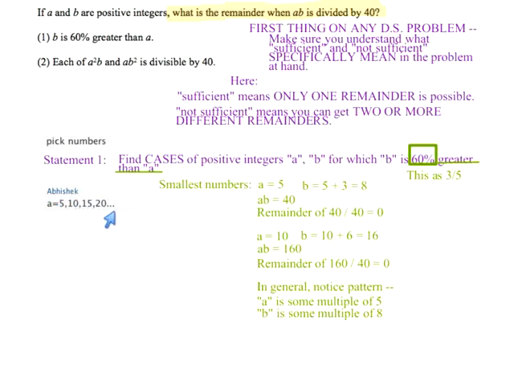You get 8, you get 16. If you do 15, you'll get 24, and so on. That means that AB is a multiple of 40, which means your remainder is always going to be 0. So this statement's sufficient.